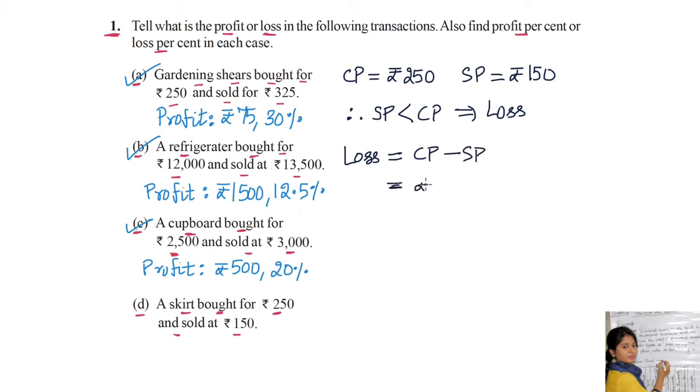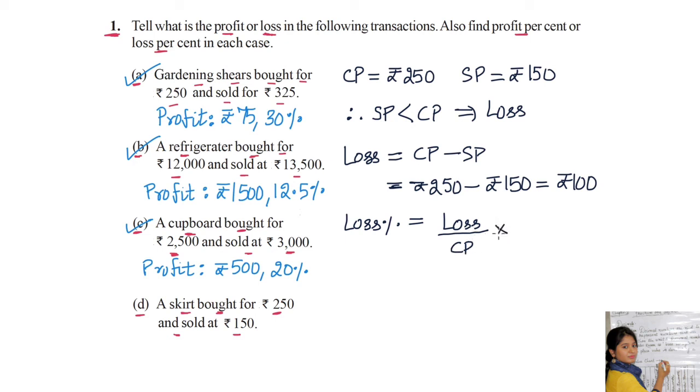Loss will be equal to cost price minus selling price. So cost price is given as rupees 250 and selling price is given as rupees 150, right? So loss has been made of rupees 100. Now let's find loss percent. It is the same, we just need to write loss upon cost price into 100, right?